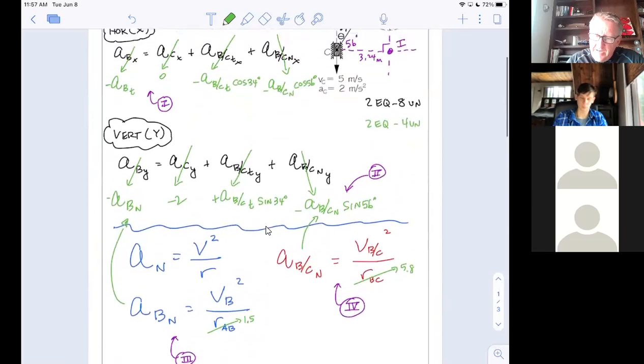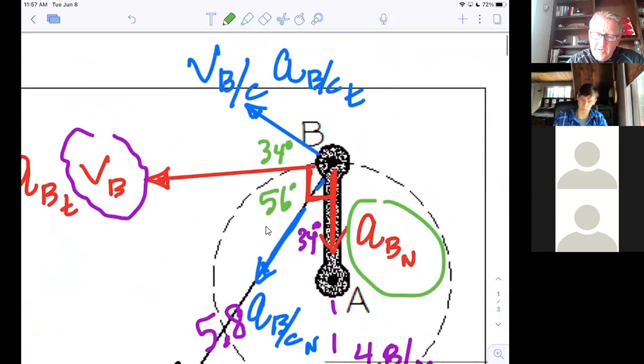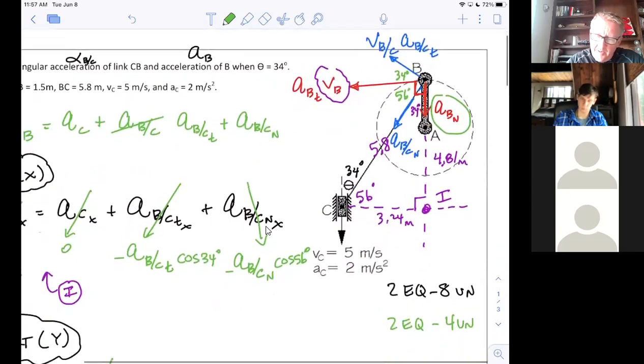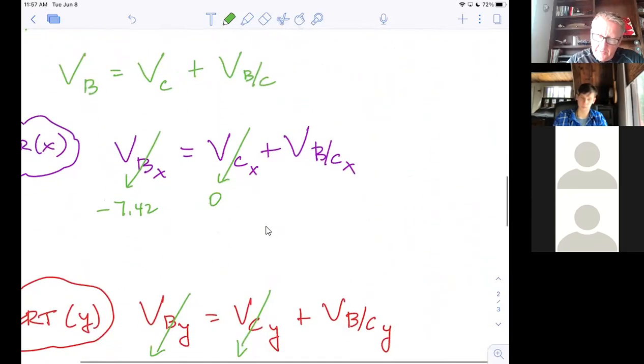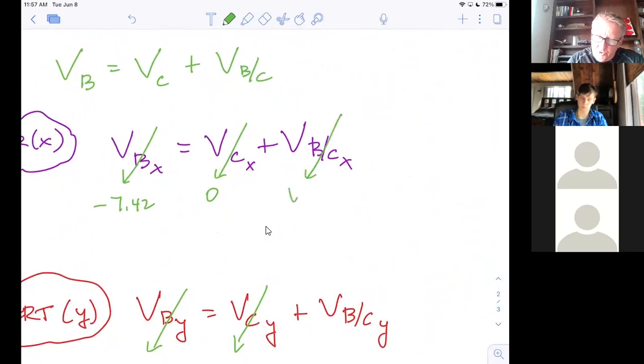The velocity of B with respect to C is pointing in that direction, but remember it can be modified by 34 degrees. So probably a better way to write this is to replace this with just the velocity of B with respect to C, but since it was an X, modified by the cosine of 34 degrees.